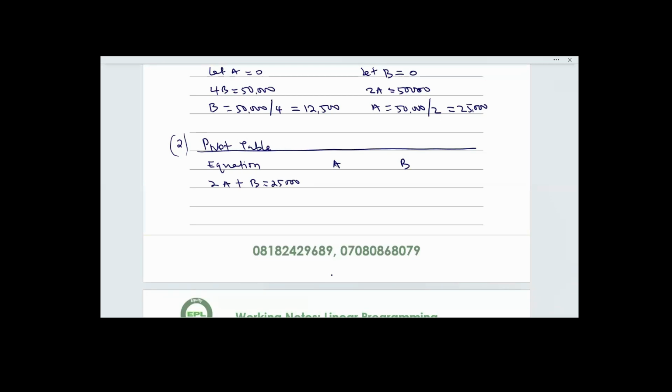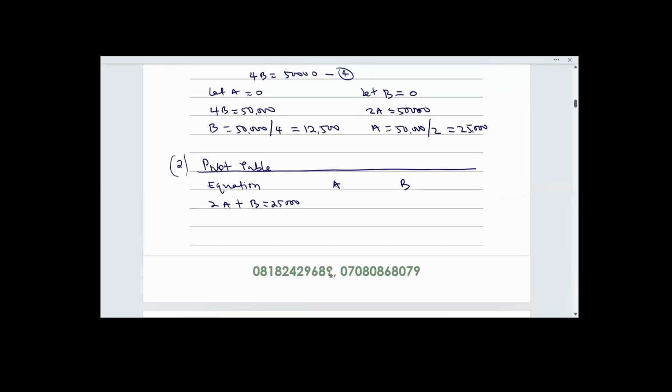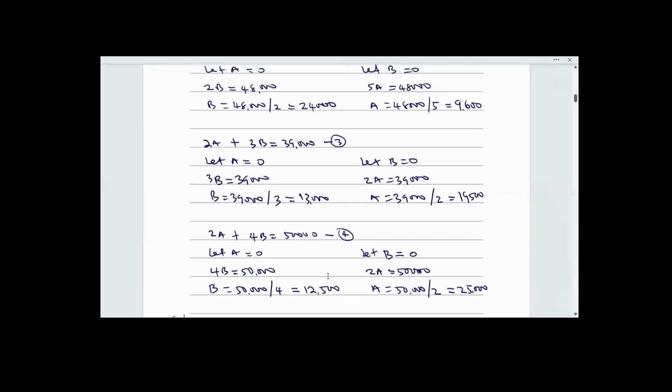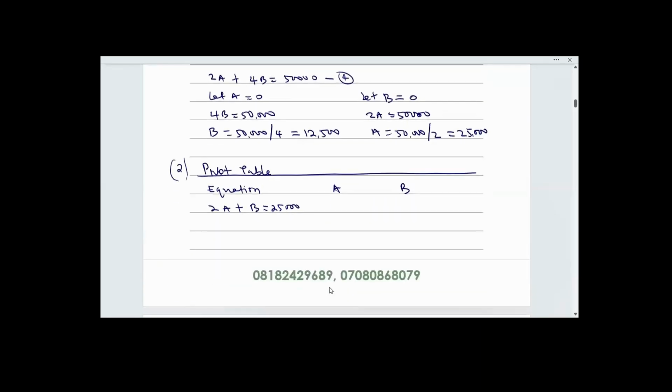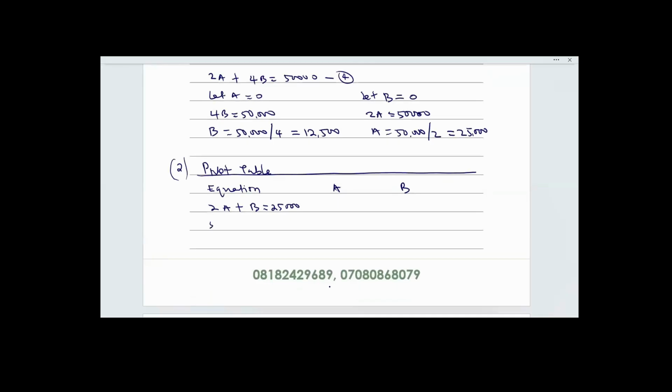Then equation 2. What's equation 2? That's 5A plus 2B equal to 48,000.